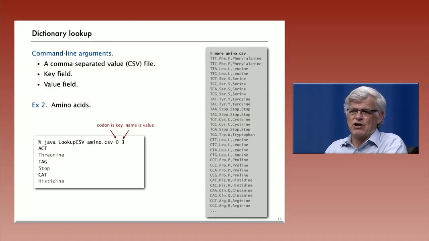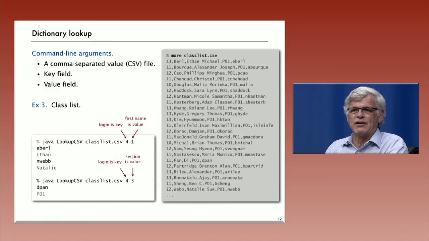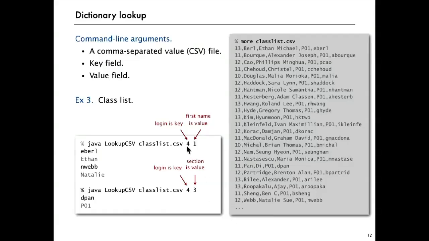This is a very general tool. Any CSV file, you can pick any field as the key and any other field as the value. So here's still another example where we might use a class list, which has the person's year of graduation, last name, first name, precept name, and login name. In the first call over here, we might use the login name as the key and the first name as the value.